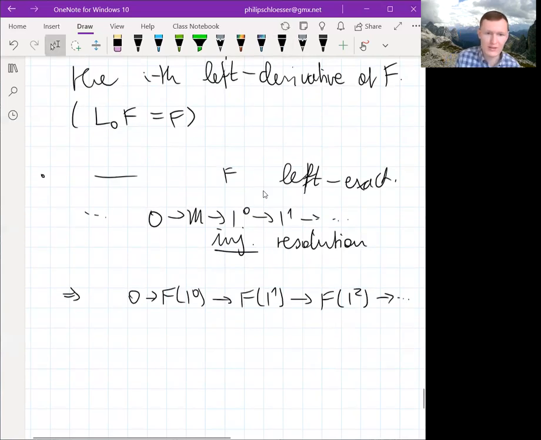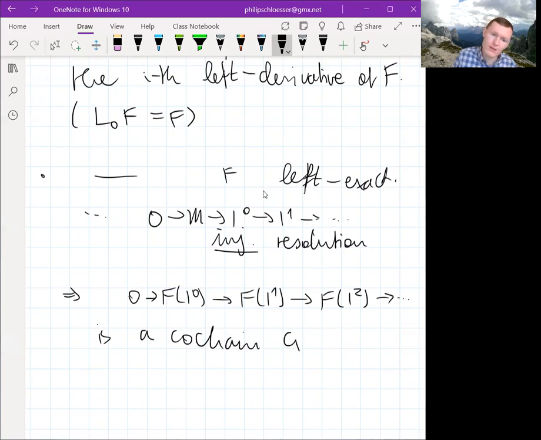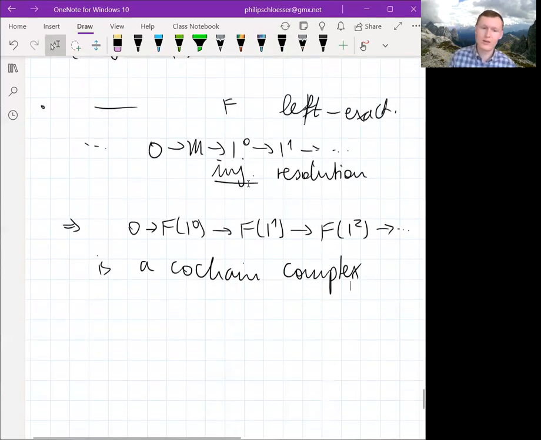The fact that our functor is left exact means that while this thing here isn't necessarily an exact sequence, it's a cochain complex. And then we can take the cohomology groups.